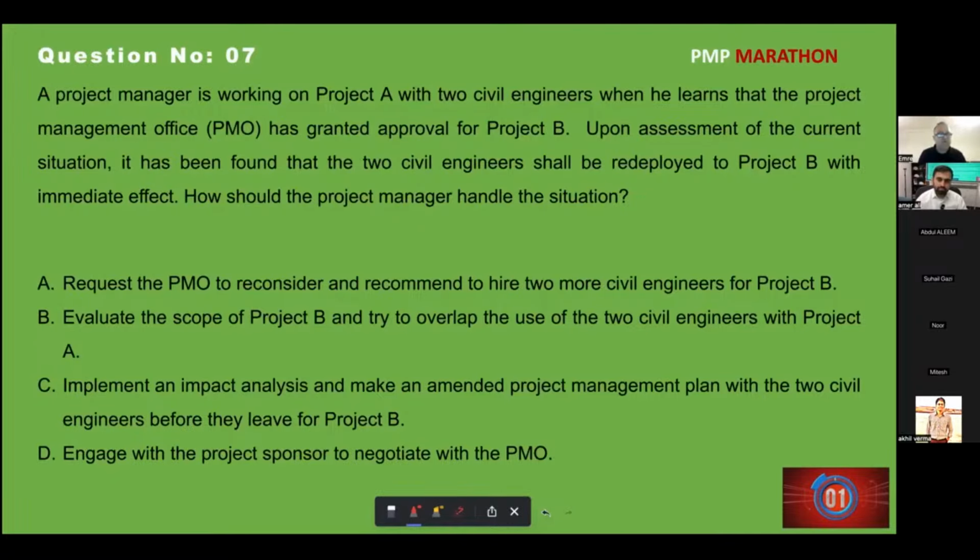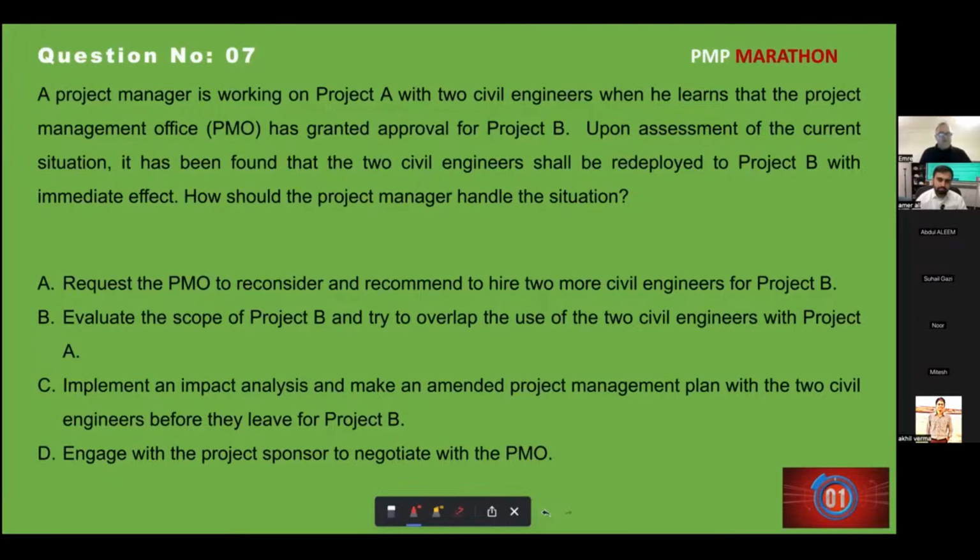Logic says if you have two resources, both of them go to another project. At least you need to have fine logic, and C is the best answer, I think. Otherwise, you can ask engineers, but how are we going to ask two engineers?